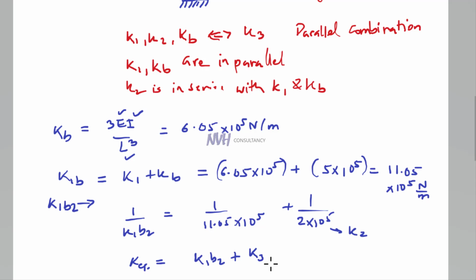K3 is 3 into 10 to the power 5. So this total will come out to be 4.69 into 10 to the power 5 Newton per meter, and this is the final answer. Thank you.